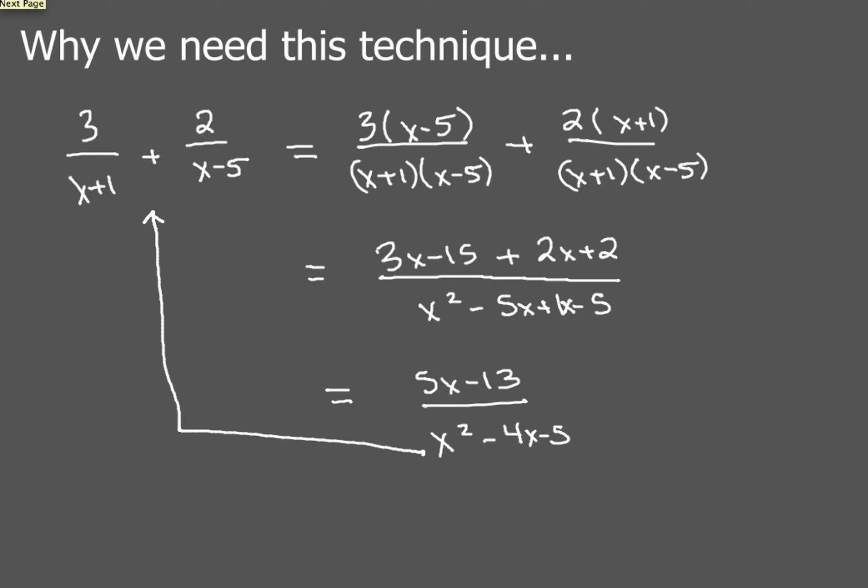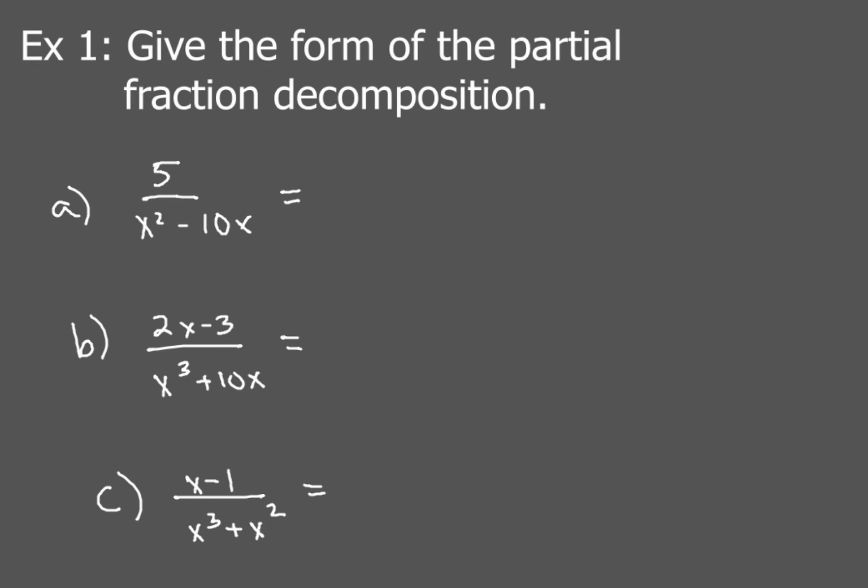In order to do this, we're going to have to actually know how to factor. So that's the first thing that we want to do: we're going to take these and divide the fractions up so that we can break them down. Now here we have 5 over x squared minus 10x, for example A. If we were to factor that, the x squared minus 10x is going to factor into x times the quantity x minus 10.